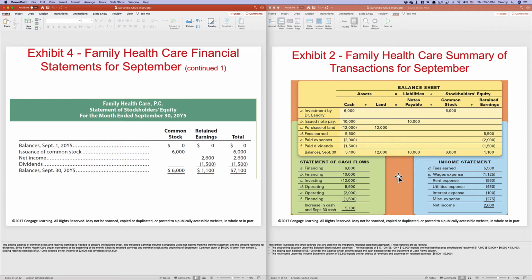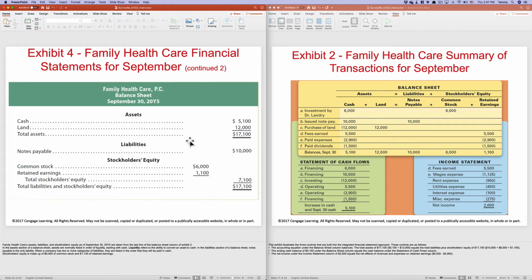But the stockholders' equity statement is the only place that you're going to find dividends. So you need to look at it in order to be able to get your balance sheet to balance. But it's not included over here in our transaction tracking system. Okay? So that's how these transactions transfer into the stockholders' equity statement.